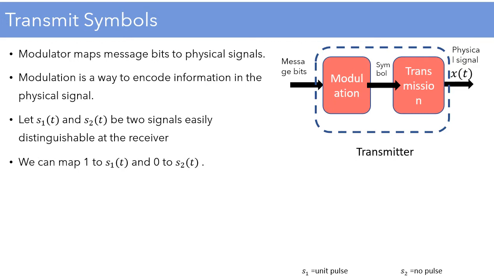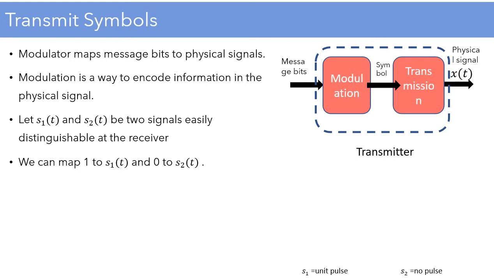So what we do is, we first identify a set of different physical signals which can be distinguished at the receiver. Remember, the goal is that the receiver should be able to understand what was sent. If you send the same signal for different types of information, the receiver will not be able to guess it.